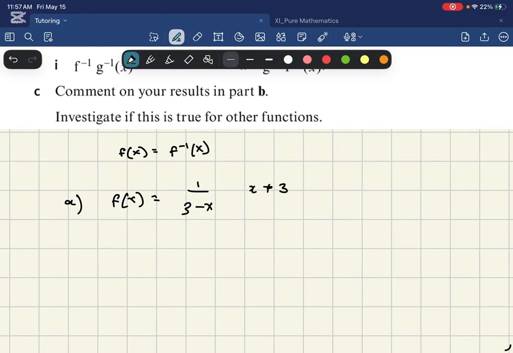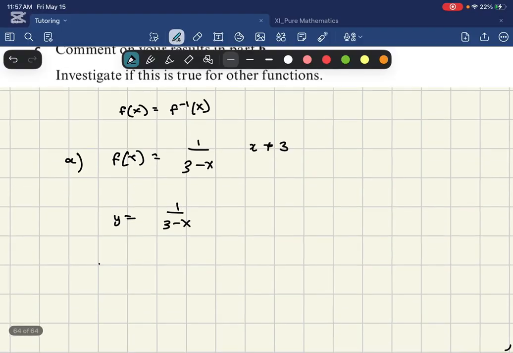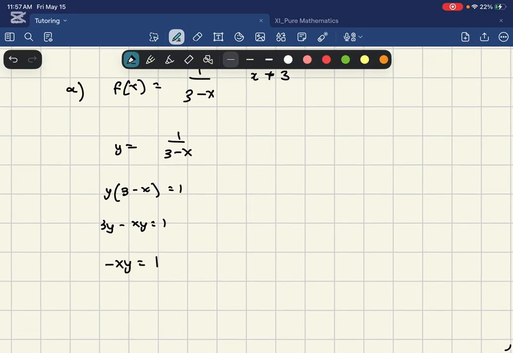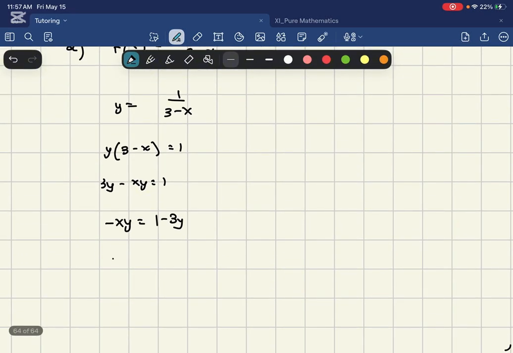All right. So A is f of x is equal to 1 over 3 minus x, x not equal to 3 in the domain. So y is equal to 1 over 3 minus x. If I multiply by 3 minus x on both sides, I get this expression, 3y minus xy is equal to 1, minus xy is equal to 1 minus 3y. And finally, x is equal to 1 minus 3y divided by minus y. x is equal to 3y minus 1 over y.